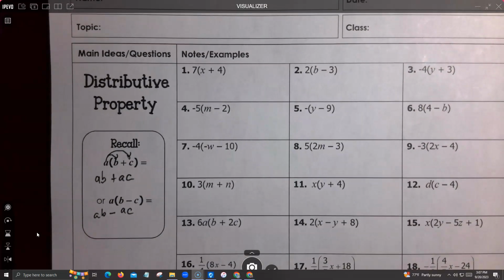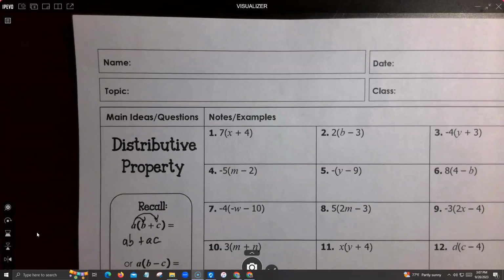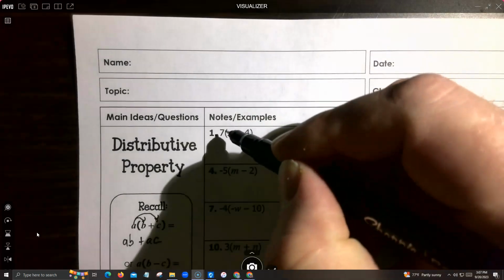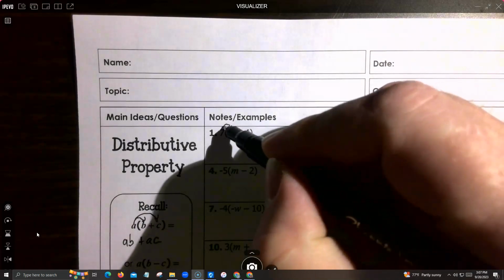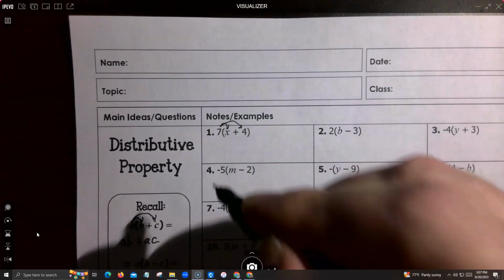All right, so number one. Number one says 7 times the quantity of x plus 4. That's how you say that mathematically. So we're going to take this 7 and distribute it to each one of those. I'm going to write it out just so you can see what I'm doing.